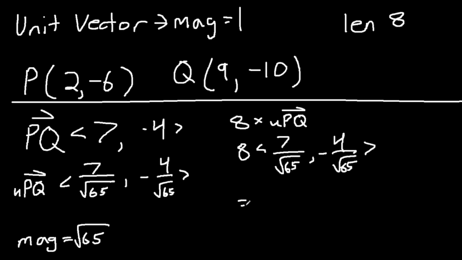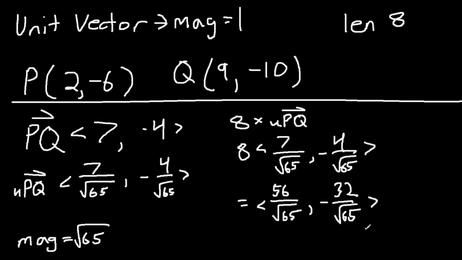Well, this is equal to 56, because I multiplied 8 by 7, wait, I need to put the brackets. 56 over the square root of 65, and we'll multiply 8 by 4 now. And then you get 32, and the negative stays, over the square root of 65. Dude, I hate drawing on a mouse. Okay.